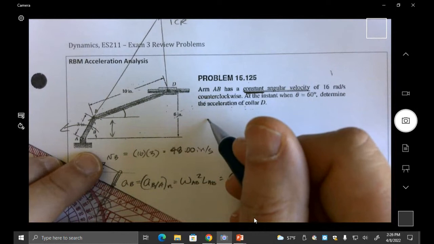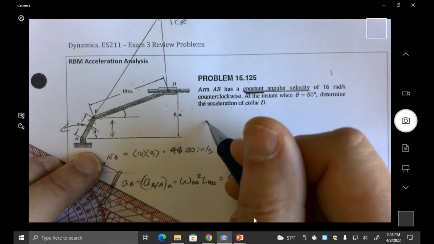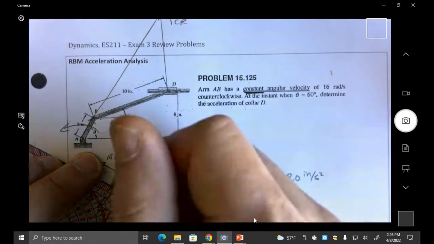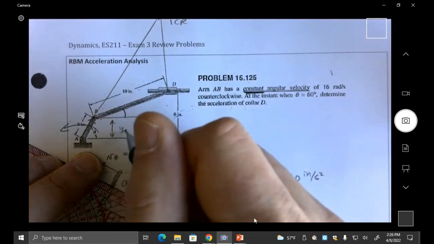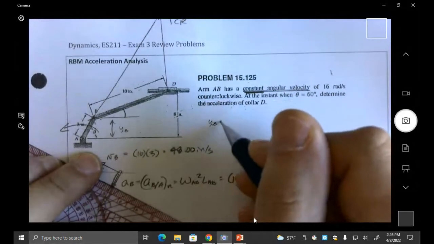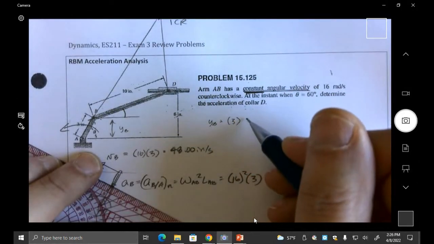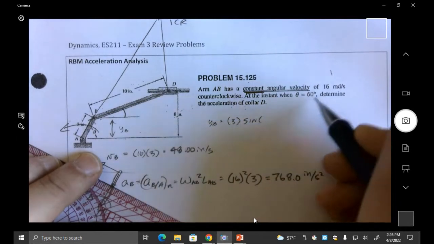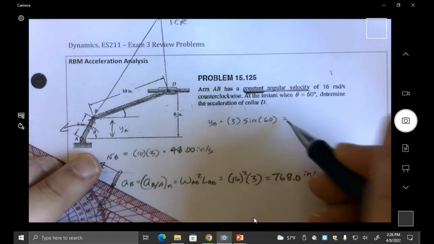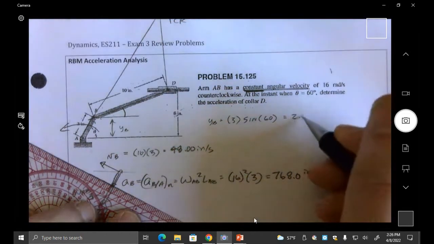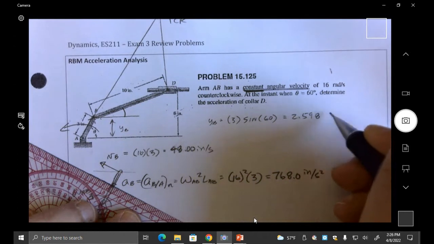Yeah, he did it on his page right there. So we'll say, I don't know what to call this, YB. YB is 3 times the sine of 60, which is 2.598.